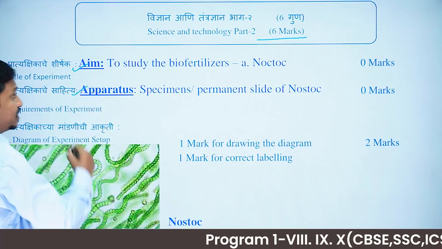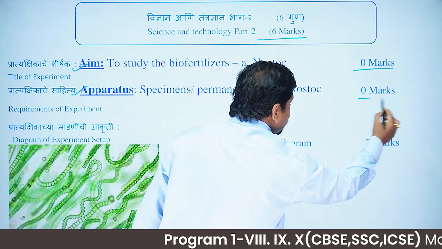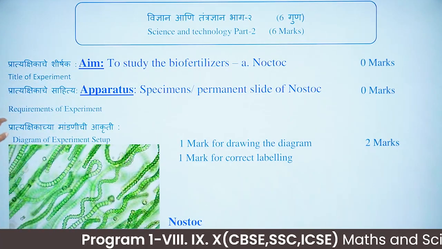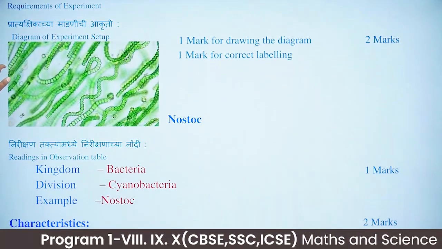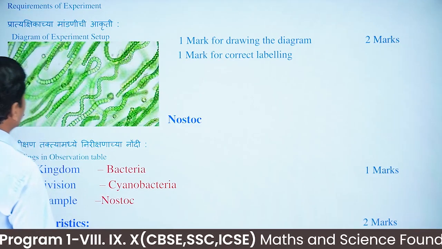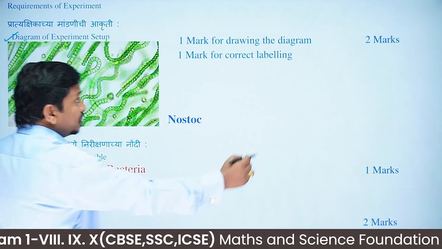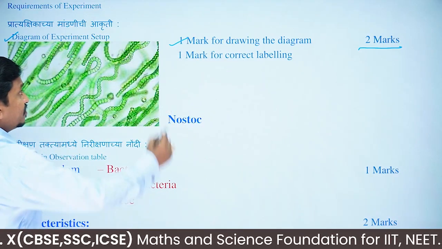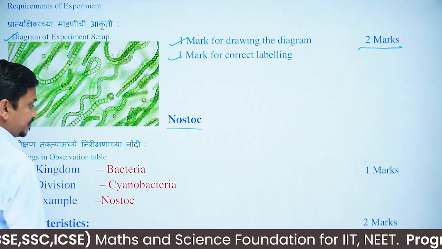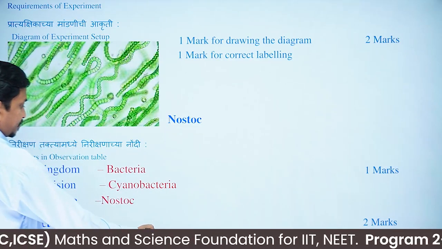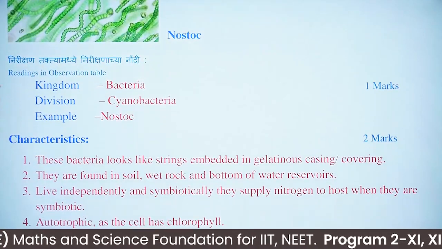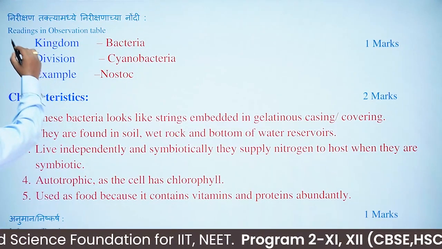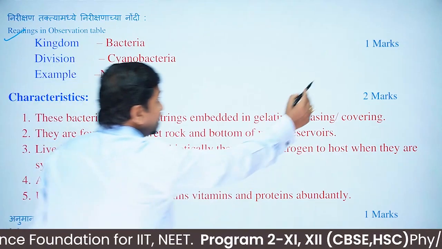For aim and apparatus, you will not get any marks. For diagram, you will get 2 marks: 1 mark for drawing the diagram and 1 mark for correct labeling. For observation table, you will get 1 mark.